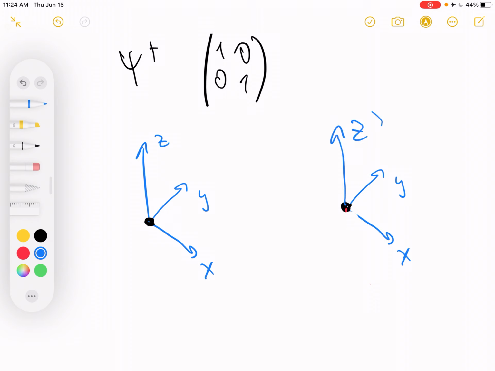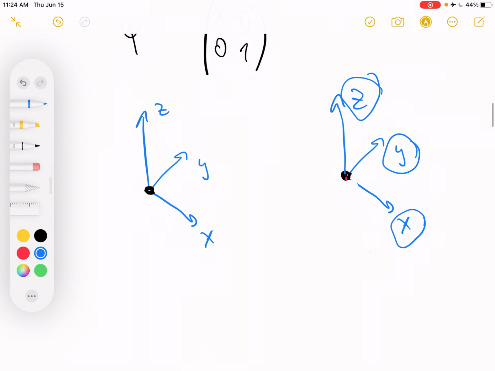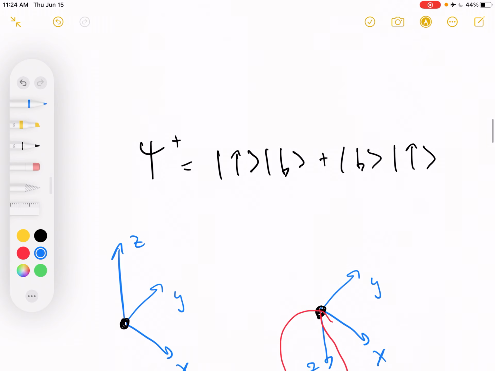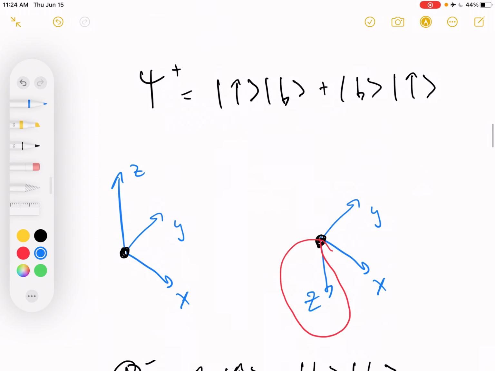Yes, we can invert the z-axis, we can invert the y-axis, we can invert the x-axis to get the left-handed coordinate frames, and we can invert all of the three axes together, z, x, and y. 4 ways, 4 Bell basis states, and that's how neat symmetries start to appear in this formalism.